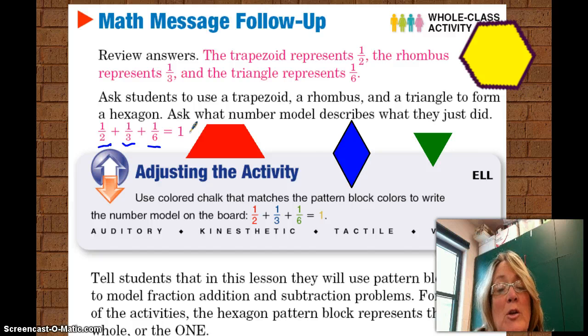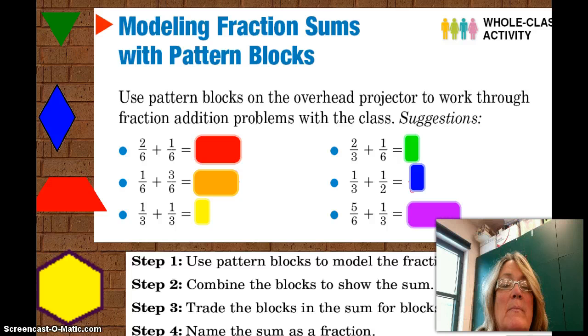And you're going to learn how to use pattern blocks to do fraction addition and subtraction problems. For all the activities, the hexagon pattern block represents the whole, or the one. So use pattern blocks on your desk and work through these fraction addition problems.